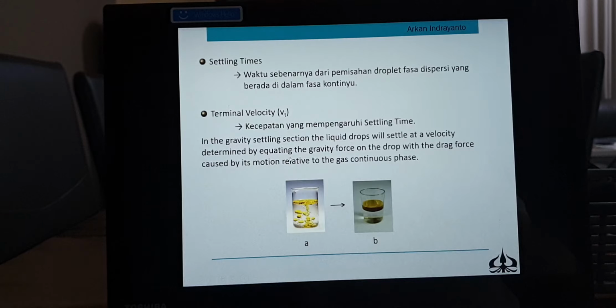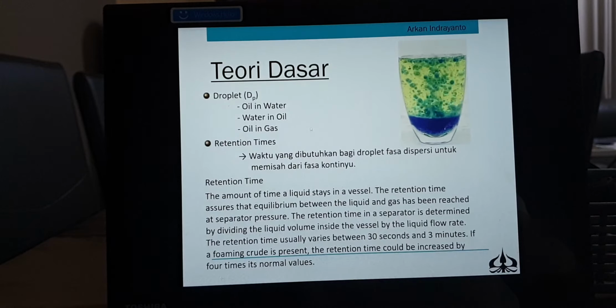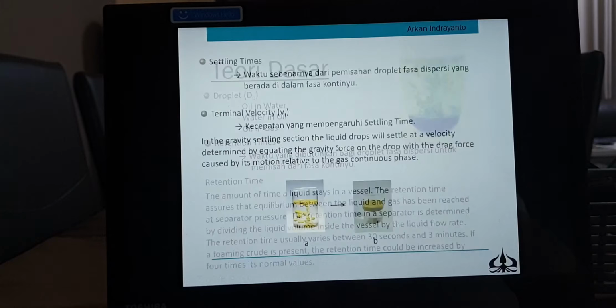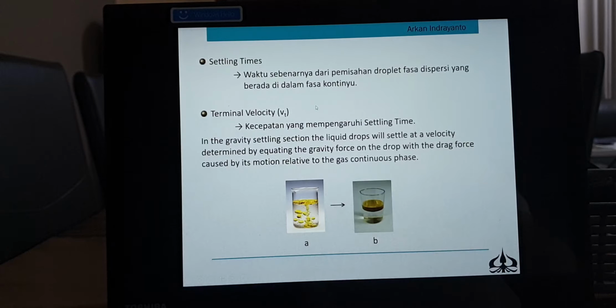And settling time: between the retention time for the droplet to be dispersed, this is the real time, the settling of the droplet to be separated from the continuous phase.